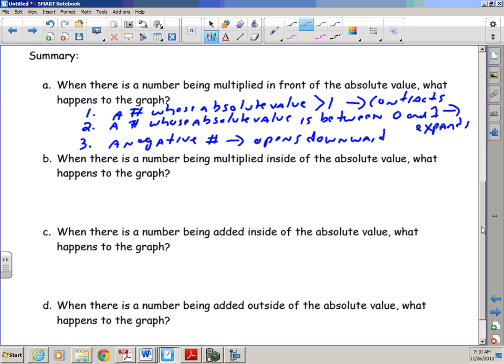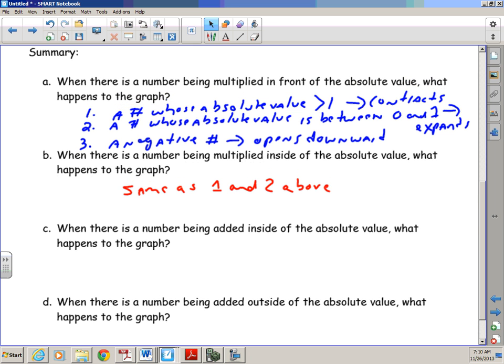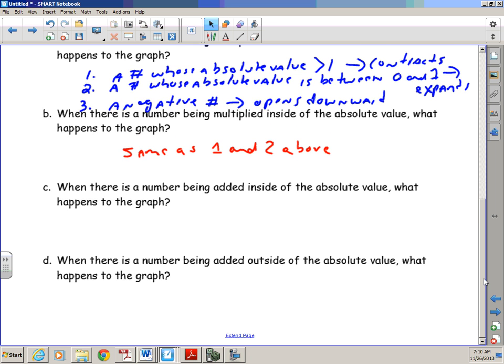Okay? When there is a number being multiplied inside of the absolute value, what happens? The same as 1 and 2 above. Not 3, because if there's a number that's negative inside, it's going to end up turning positive. Okay? Now, when there is a number being added inside of the absolute value, you should be able to tell me what happens here.